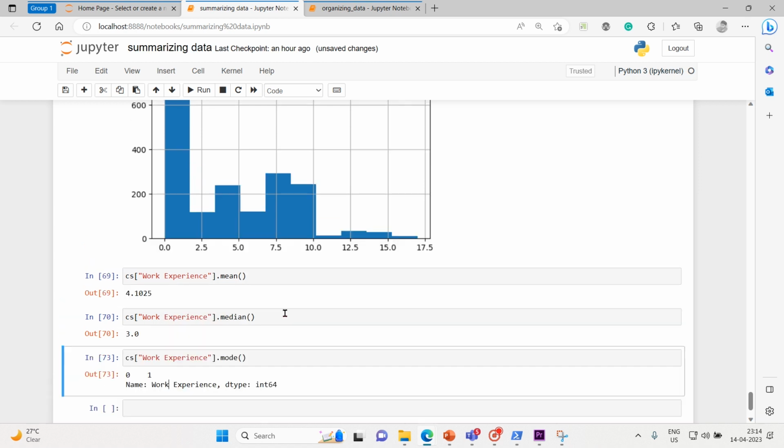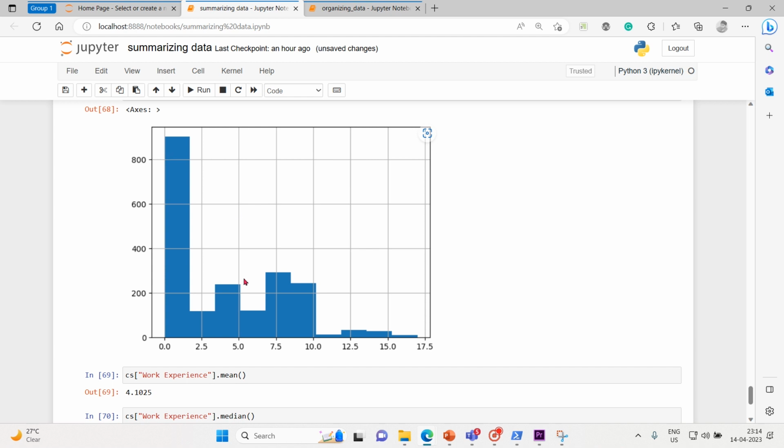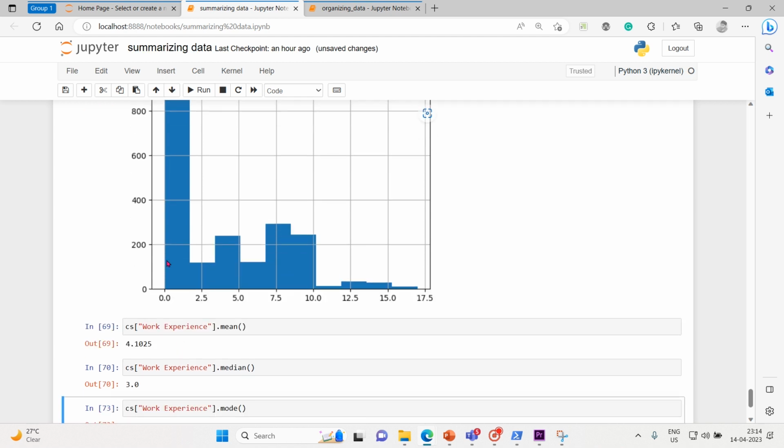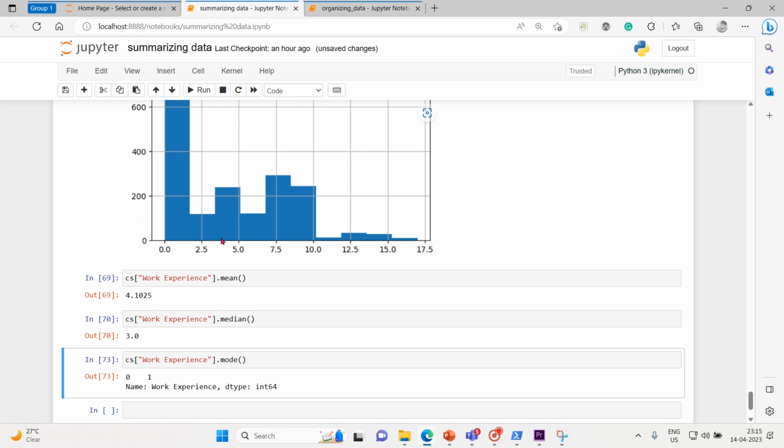Of course, 1 is further towards the skew. 4.1025 is farther from the skew, and 3.0 is a little closer, in between the mean and the mode. So the mode is towards the skewness. That's the reason the mode represents the true picture of the skewed dataset.